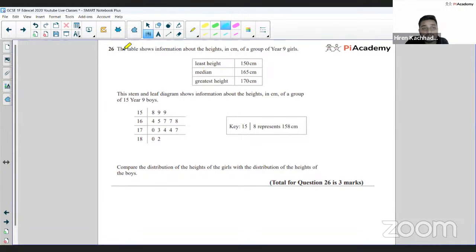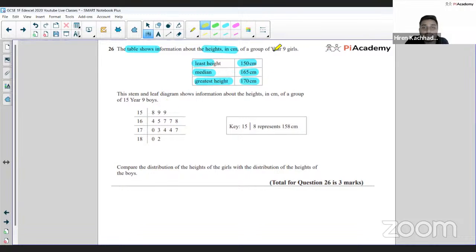So let me read this question. The table shows the information about the heights in centimeters of a group of year 9 girls, okay? So this is the table. Least height is 150 centimeters. The median is 165 and the greatest height is 170 centimeters. Now, another thing given to you here is this stem and leaf diagram, which shows the information about the heights in centimeters of a group of 15 year 9 boys.